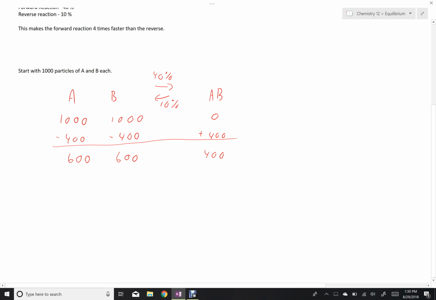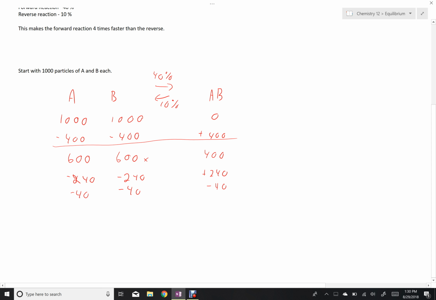So now 40% of 600 is 240. And now, that's going to increase by 240, but now we have the reverse reaction coming along as well. So we have 400, so we're going to reduce that by 10%. 10% of 400 is 40.